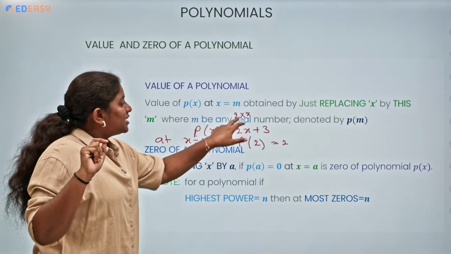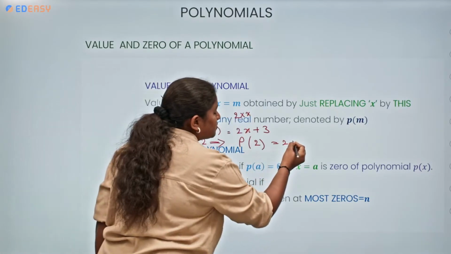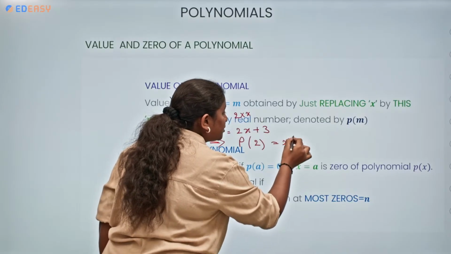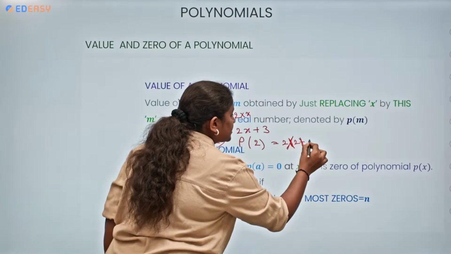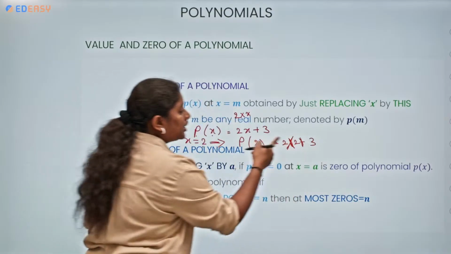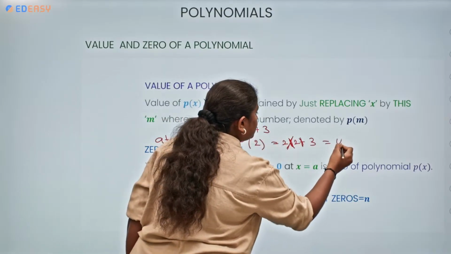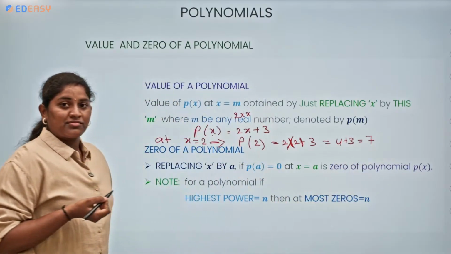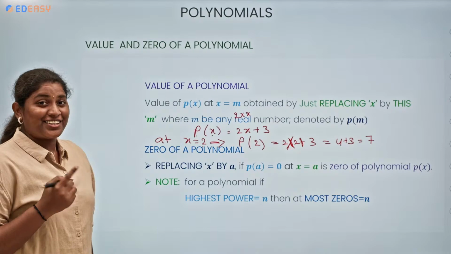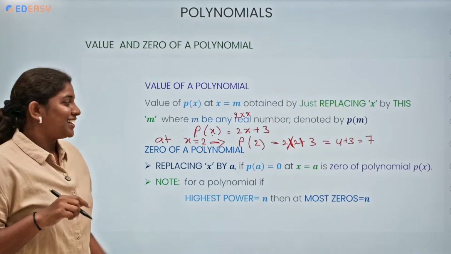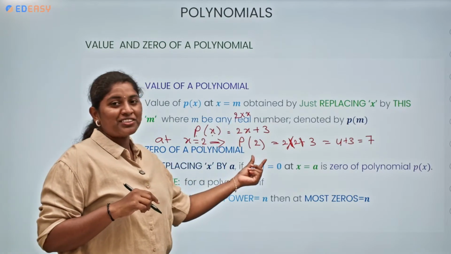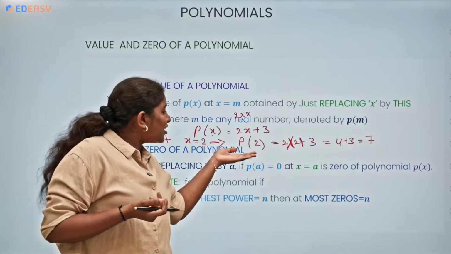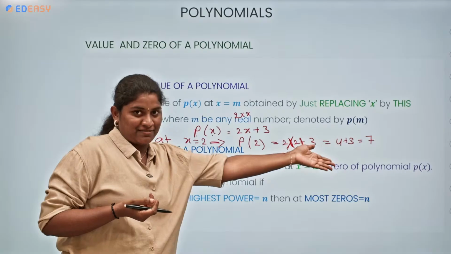So that becomes 2 into 2, or if you are confused, I can write 2 into 2 plus 3. Now 2 2s are 4 plus 3, which is 7. Is it very tough? No, right? Just replace your x with the given value. I kept 2 in the place of x and got my polynomial value as 7.